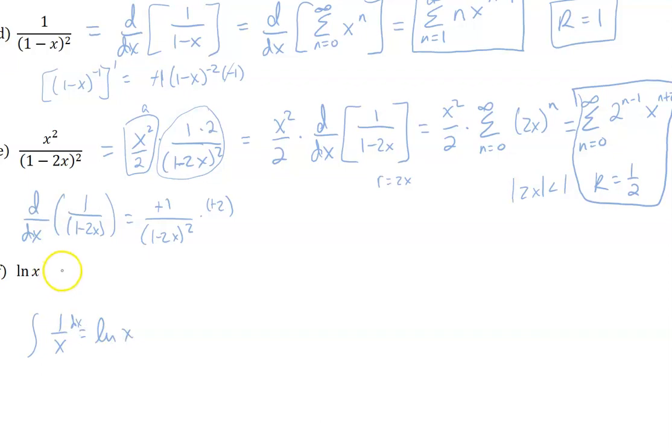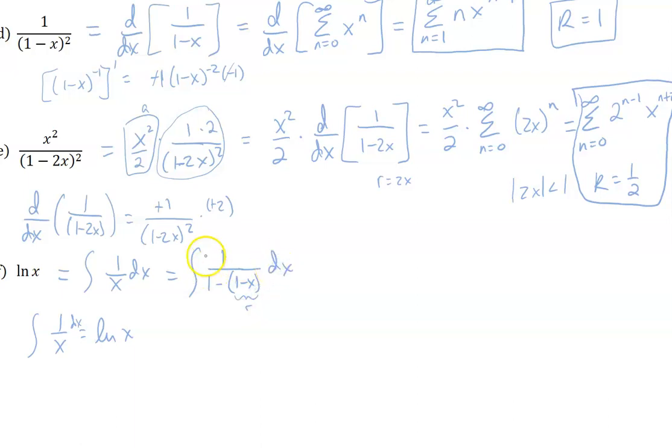So I can say that this is the integral of 1 over x dx. And then this almost looks like the infinite geometric series, but I'm going to have to adjust it a little bit, and I can write it as the integral of 1 over, and then I can write this as 1 minus, x, okay? So x is the same as 1 minus the whole quantity 1 minus x, meaning that this is in place of my r, okay?